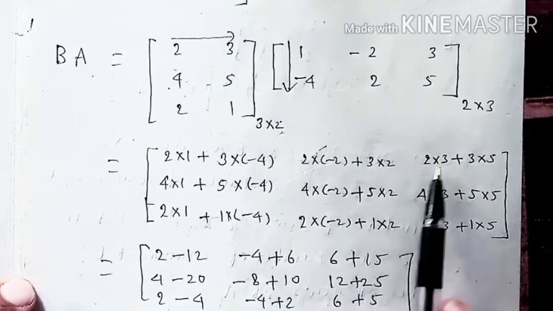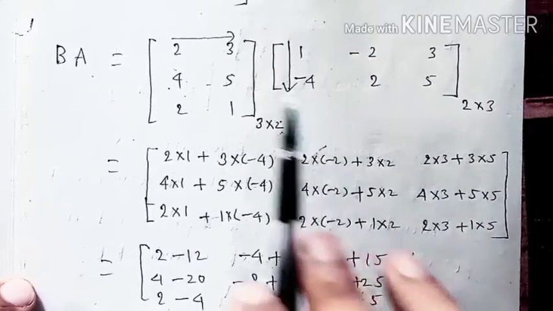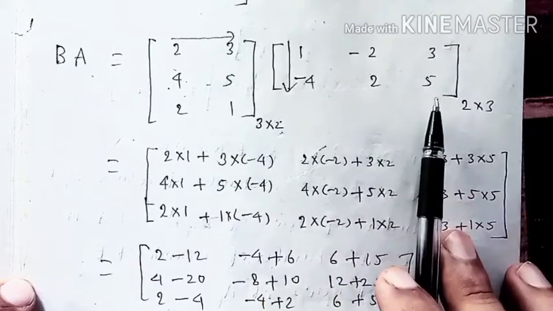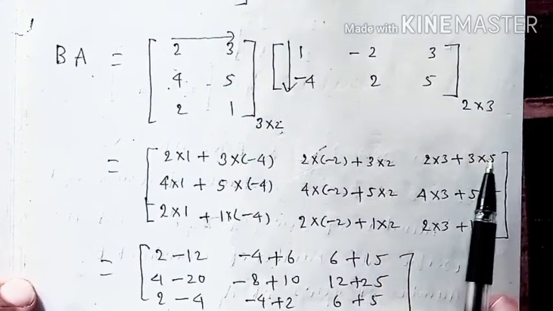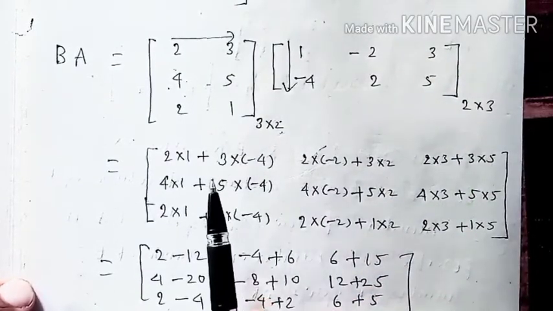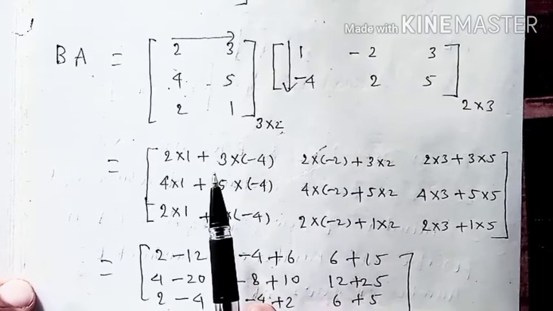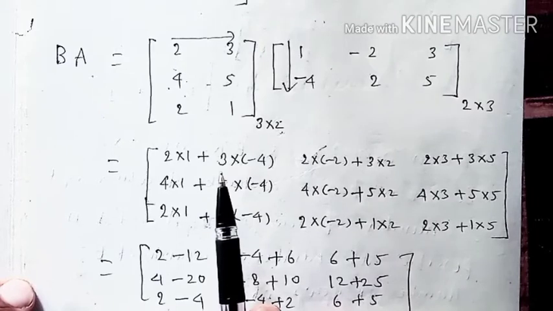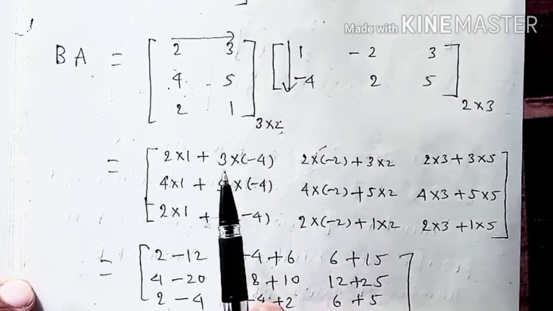To write a13, we multiply the first row of the first matrix with the third column of the second matrix. Likewise, to write aij of the product matrix, we multiply the ith row of the first matrix with the jth column of the second matrix and add them to get the result.